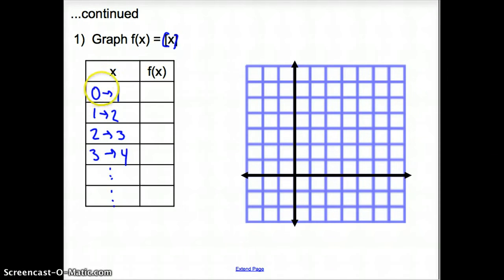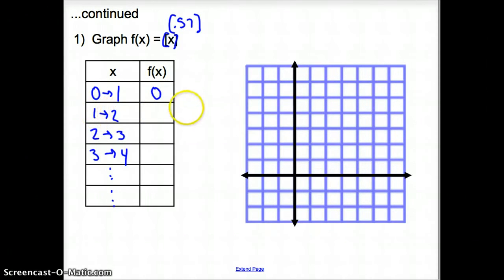When I say 0 to 1, that means I can pick any number from 0 to 1. I'm going to round down back to 0. So let's put 0.57 in the brackets. Well, 0.57, we would round down all the way to 0. And now 1 to 2.